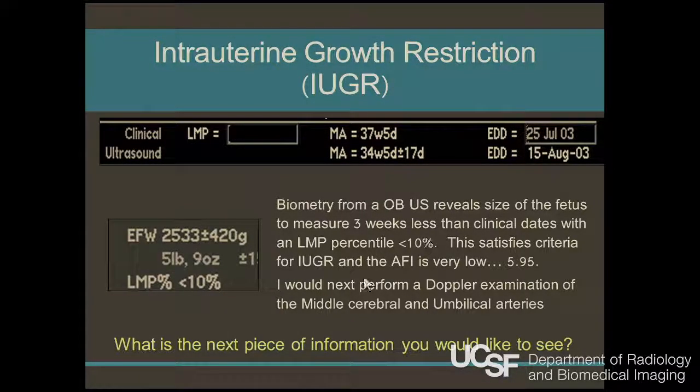The question is, when you see IUGR, there's one other piece of information that you want to look at. Oh, sorry, before I go on. The amniotic fluid index in this case was 5.95. That's what someone measured. So technically, oligohydramnios is less than 5. Now, if any of you have ever measured an amniotic fluid index, you know that you can bump this cursor a little bit here and the baby can move a little bit there, and you can make 5.95, 4.2, or 6.8, whatever you want.